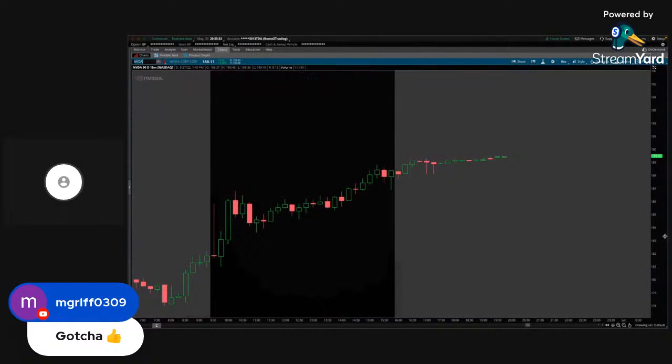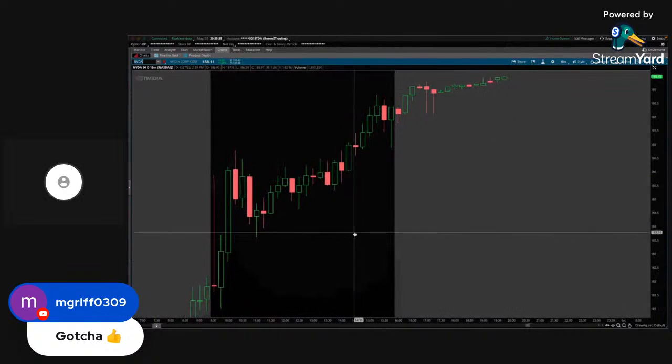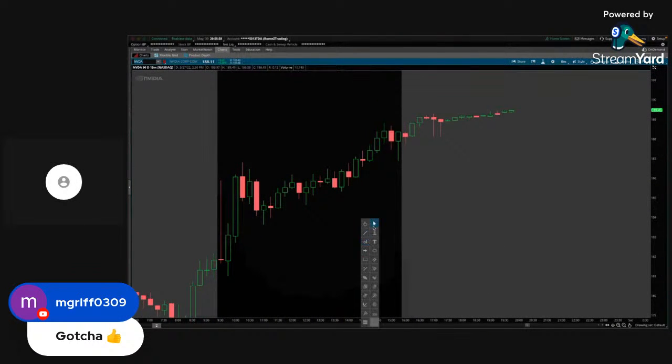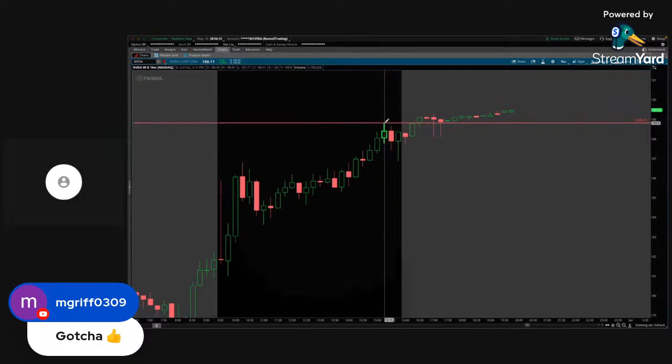All right, so this was a clean chart. I mean, man, they ran this bad boy up. All right, so you have your calls above 188.81, that is where the high was. So we'll just put that line there for now.